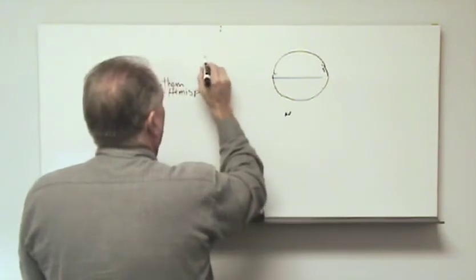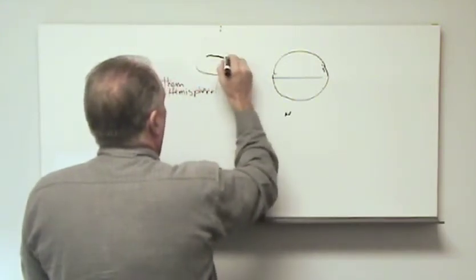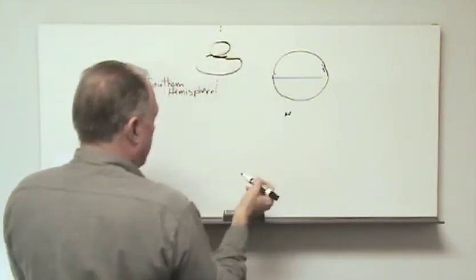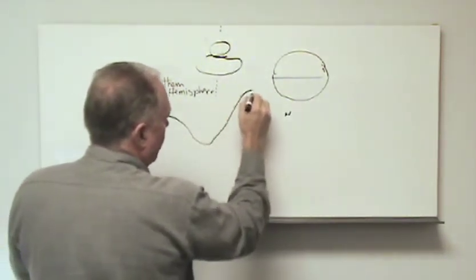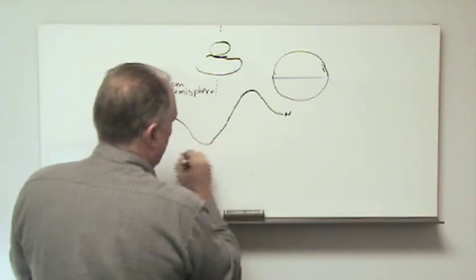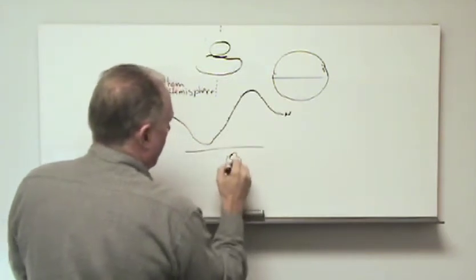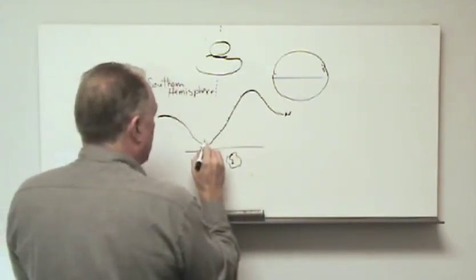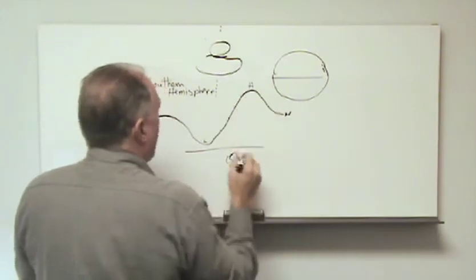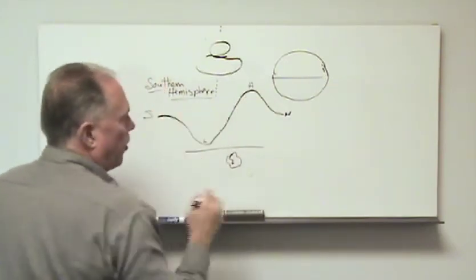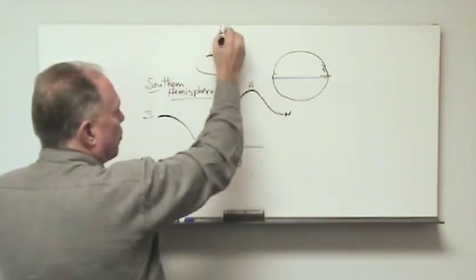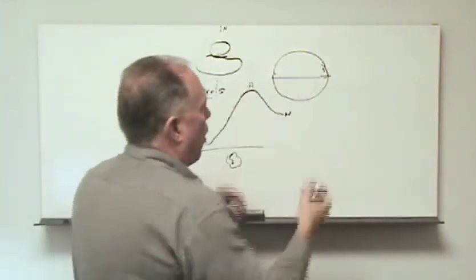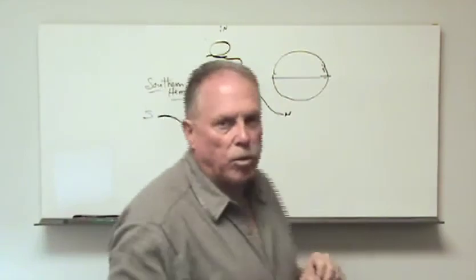So we would expect to see an anomaly pattern like this. And so what we would see is a low to the south and a high to the north, and the object would be here. So all of the discussions that we had regarding the shape of the anomalies, this is north, this is south, are flipped for the southern hemisphere. Just want to make that point.